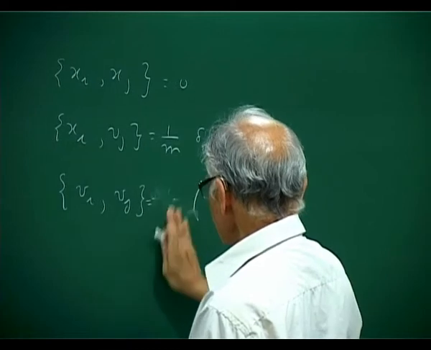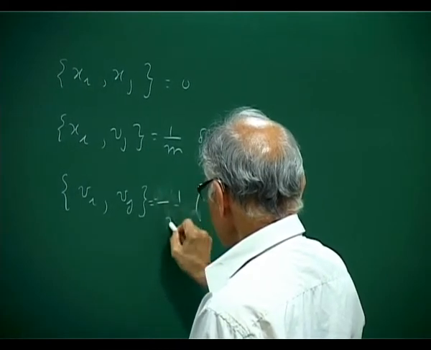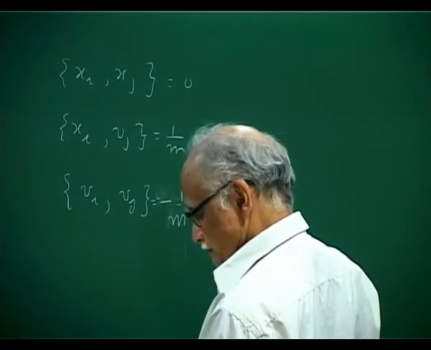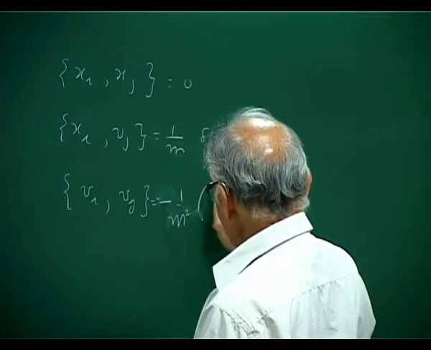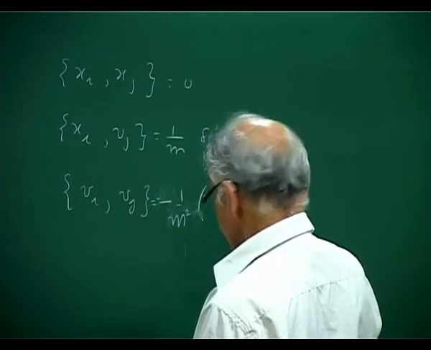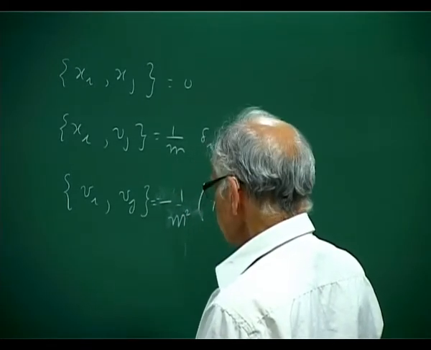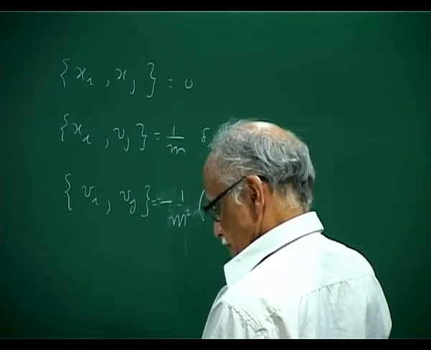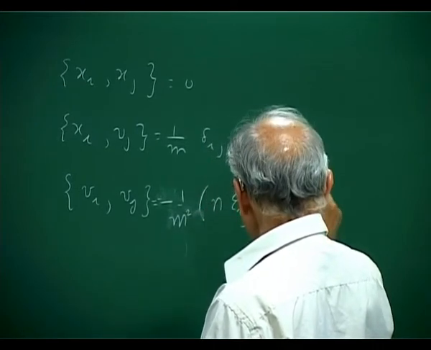There is a minus sign, minus 1/m squared times n times epsilon ijk x k over r cube.